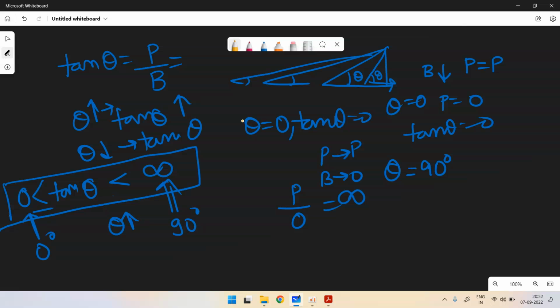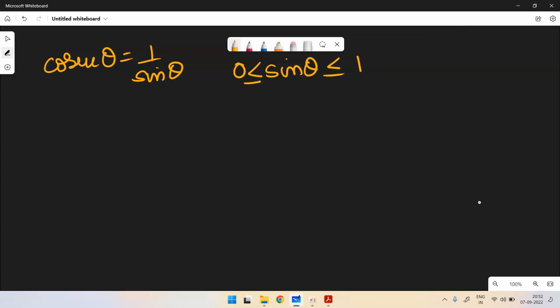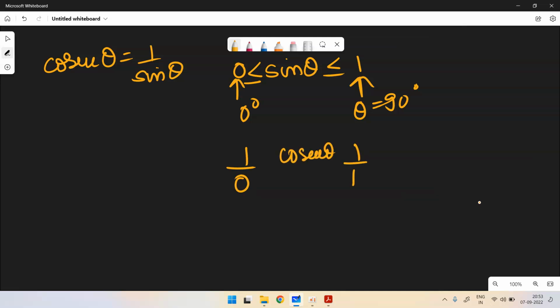Now there are also three inverses present. You know that cosecant theta is equal to 1 by sine theta. Now sine theta goes from 0 to 1, where this is theta equal to 0 degrees and this is theta equal to 90 degrees. So the inverse will go from 1 by 0 to 1 by 1, but the order becomes opposite.